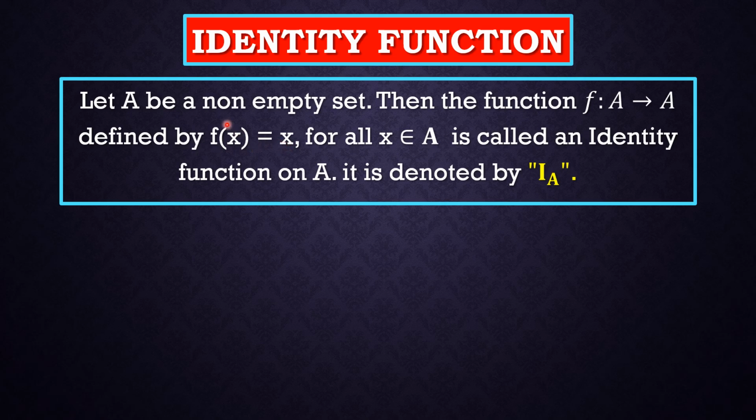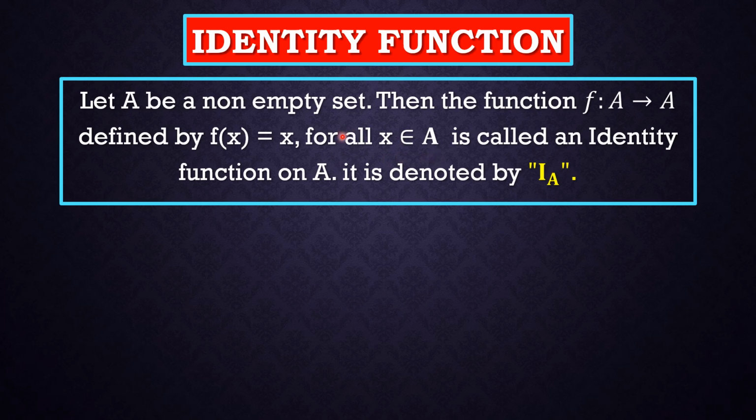Here we observe that in the domain we take any element, and it is mapped to the same element. So for example, f of 1 equals 1, f of 2 equals 2, f of 3 equals 3, f of a squared equals a squared. So these are examples, defined by f of x equals x for every element x in the set A.